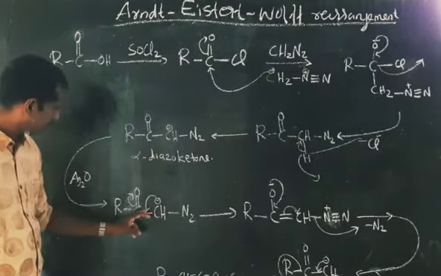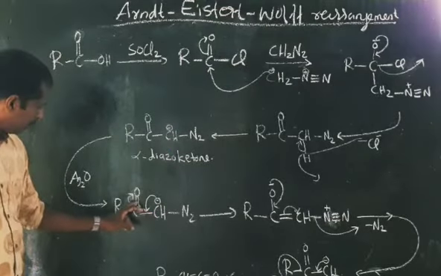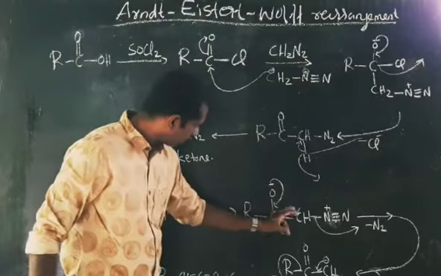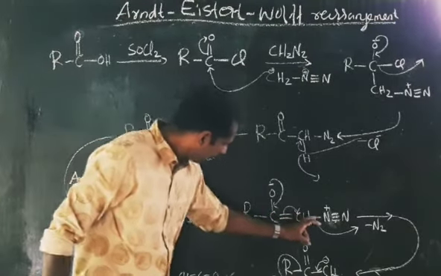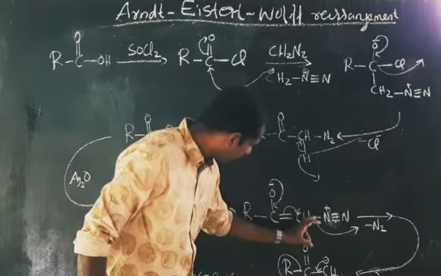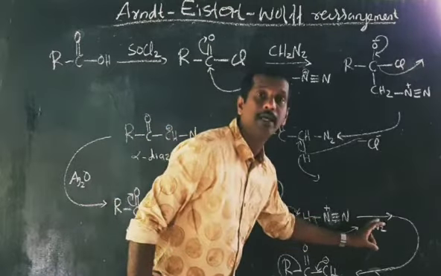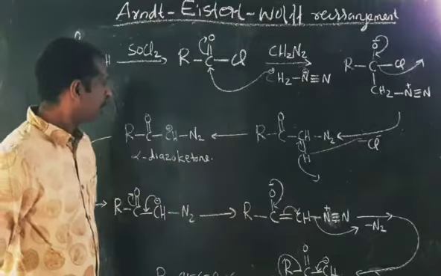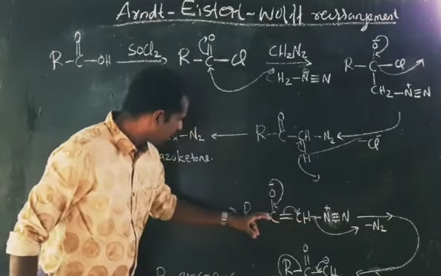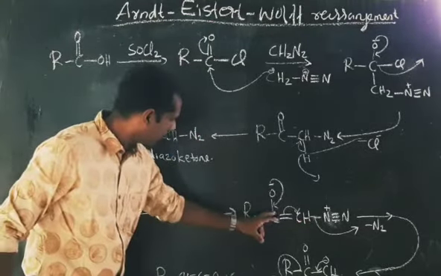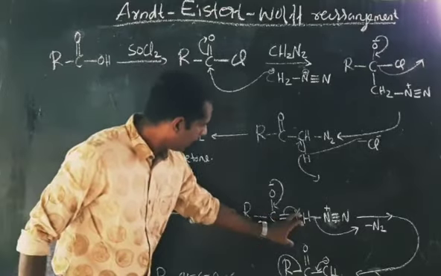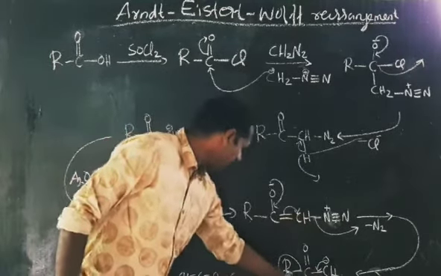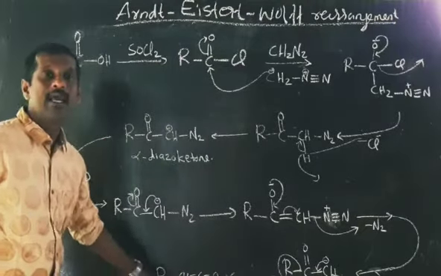Now the diazoketone is treated with silver oxide. The negative charge is shifted to here, and this pair of electrons migrates to oxygen. When it comes back, nitrogen is removed as N2, a nitrogen molecule. At the same moment, the alkyl group migrates from this carbon to the second carbon, and we get ketene.